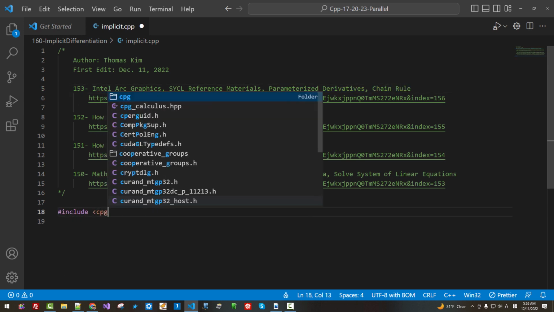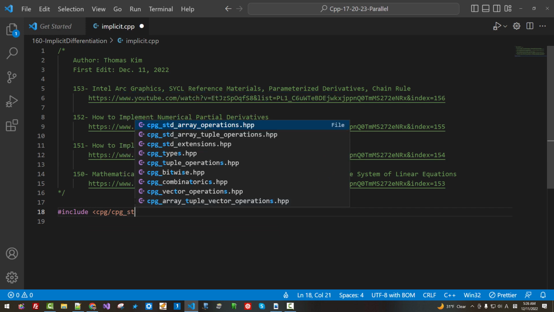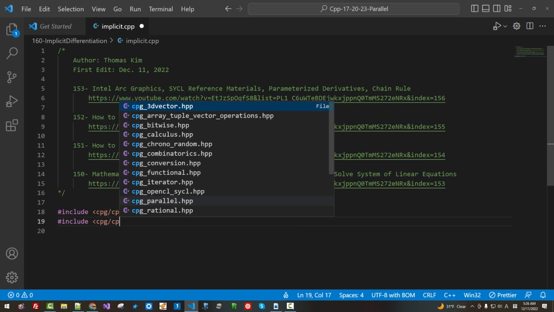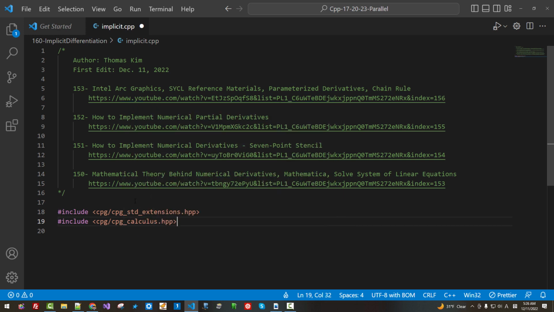Include cpg, std extensions, include cpg calculus namespace CNA, cpg numerical analysis namespace, cpg types.